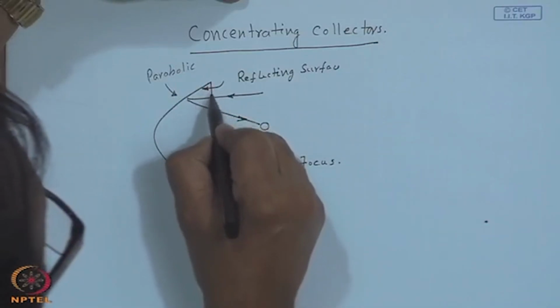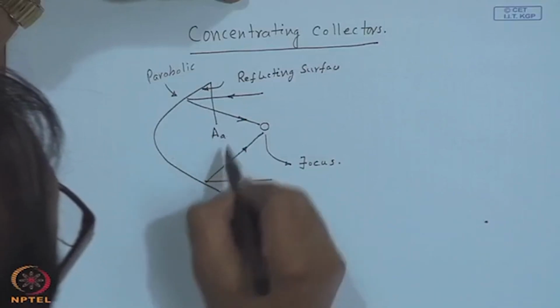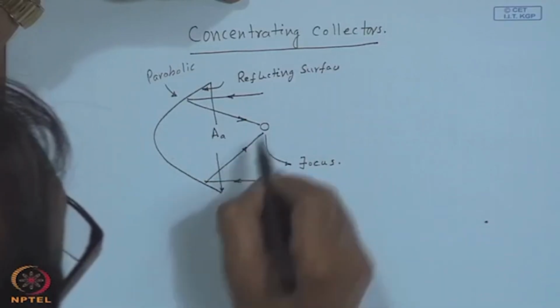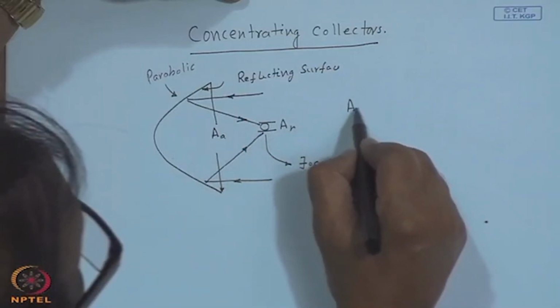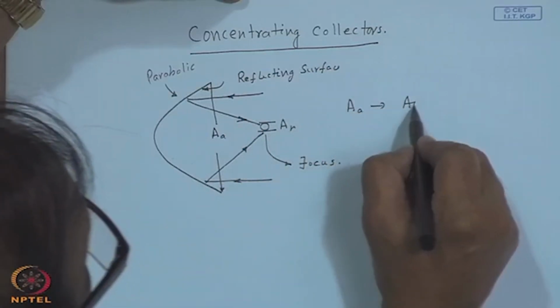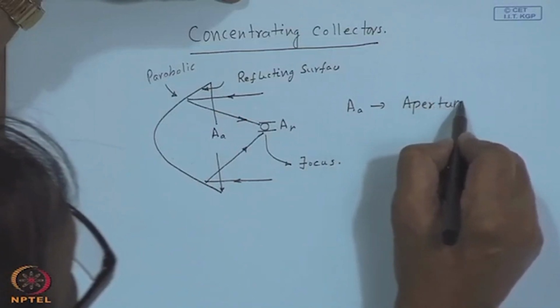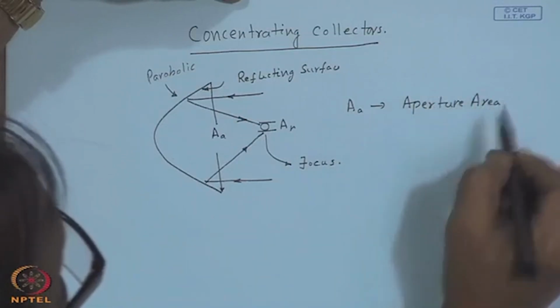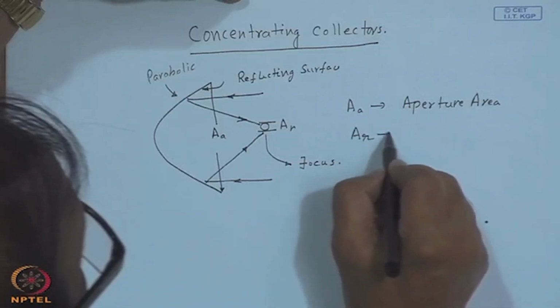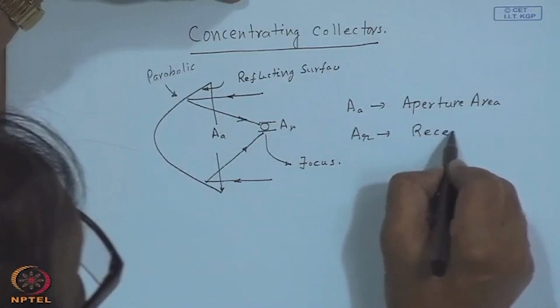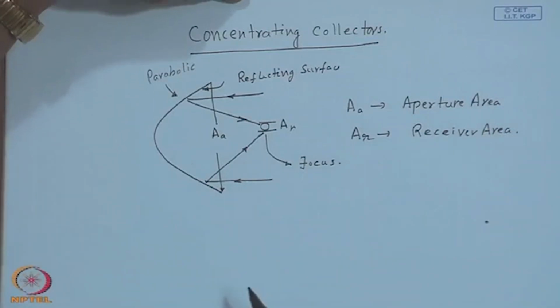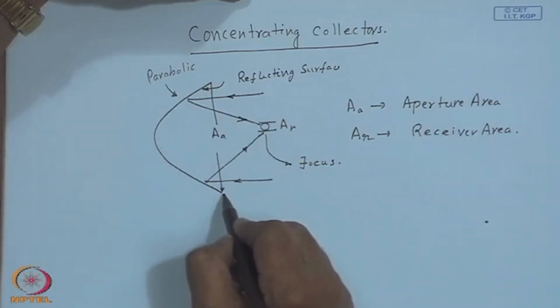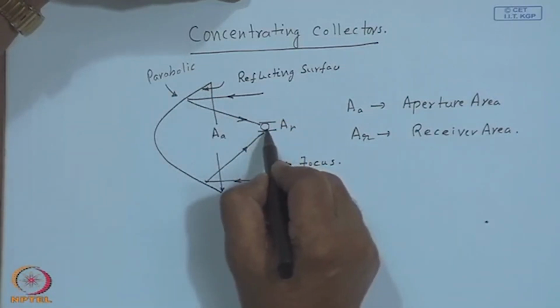Now, to fix the idea, let this projected area be AA, the aperture area, and AR the receiver area. Whatever radiation is received by this aperture is reflected onto AR.